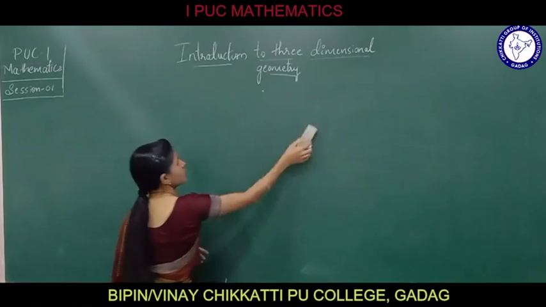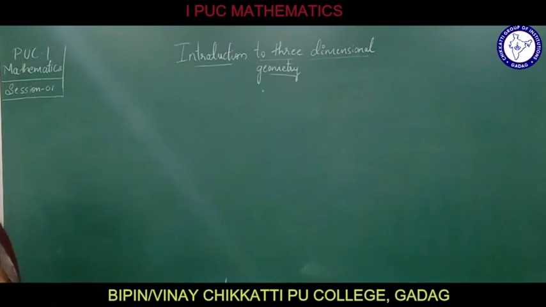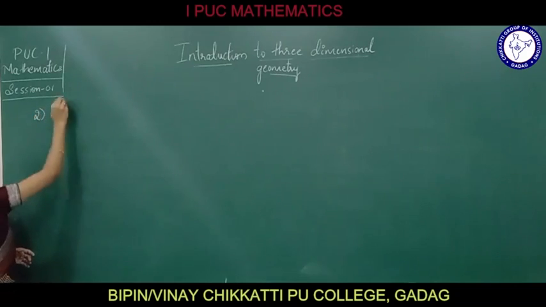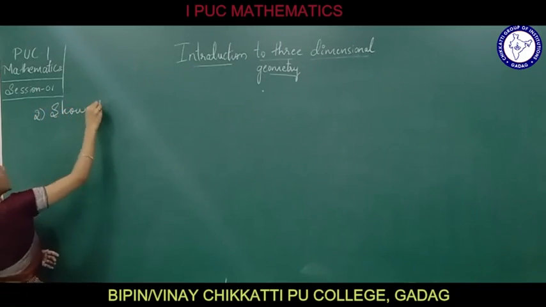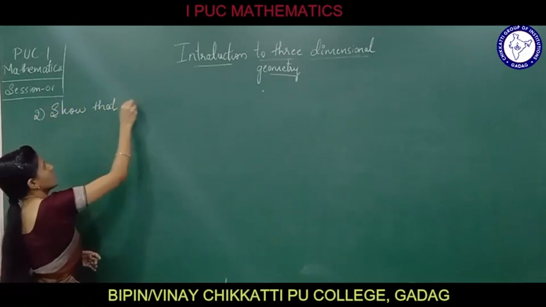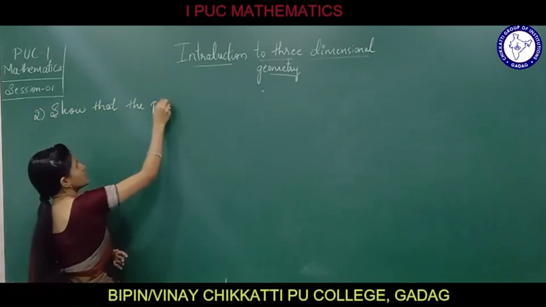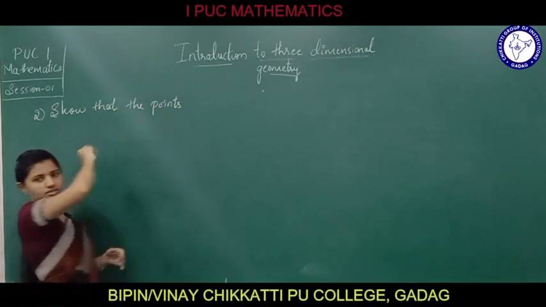What is the second problem given? They have given, show that the points, they have given 3 points. Which are those 3 points?